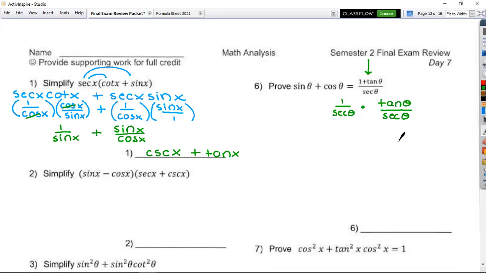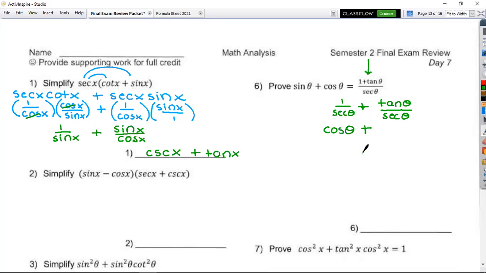Now, on the left-hand side, what can I replace 1 over secant theta with? 1 over secant is cosine. So you already have that part. So you're halfway there. You know what you're trying to do here. Oh, why did I write times? I'm sorry, that's plus. Plus, that would help. So you're halfway.